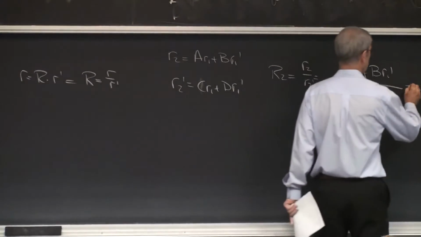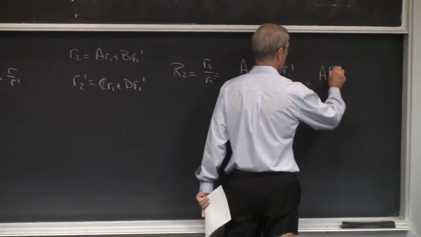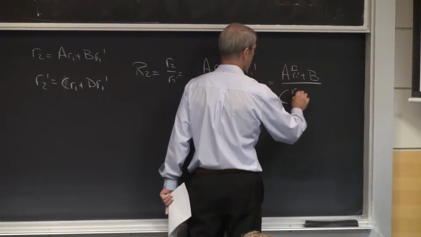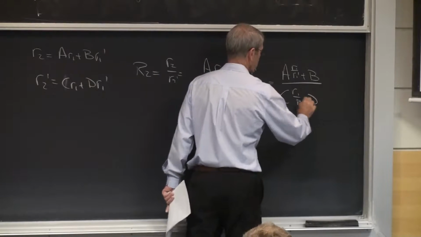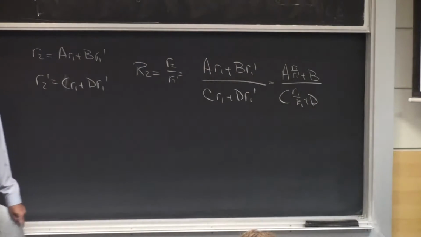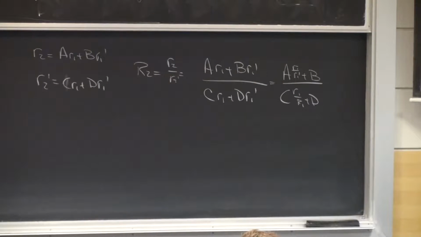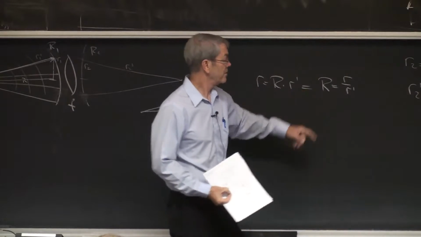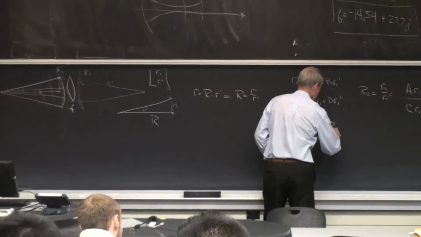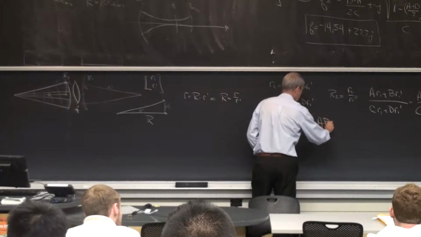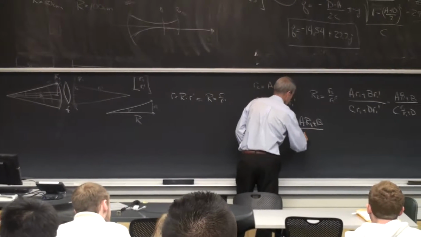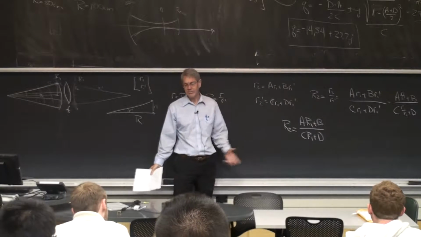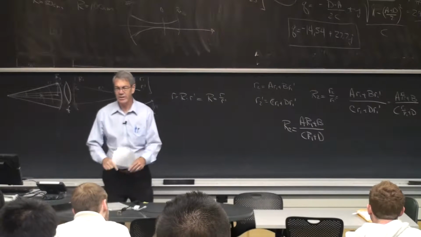And so this becomes A R1 over R1 prime plus B, over C R1 over R1 prime plus D. God, is this looking familiar? Now, then I go, oh my God, R1 over R1 prime, that's just the radius of curvature of my input ray. And so we finally get that R2 equals A R1 plus B over C R1 plus D. And this was the ray version of the ABCD law.